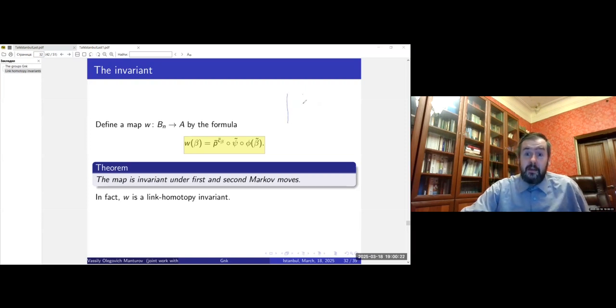Now, what about the second Markov move? If we have one braid here and we take a stabilization of this braid, we should remember that behind that braid, we have vertical components.